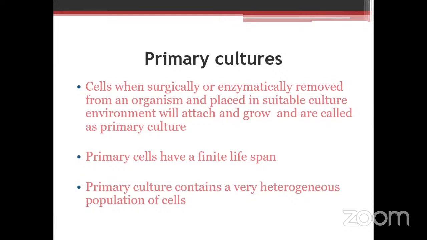When you take a tissue and apply some enzymes or mechanically make small pieces and separate the cells, you cannot expect to get all of the same type. Because it's a tissue, you can expect different types of cells, so a heterogeneous population of cells can be expected.